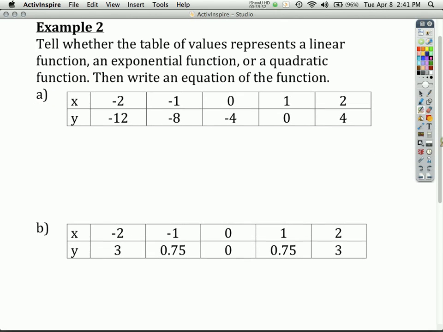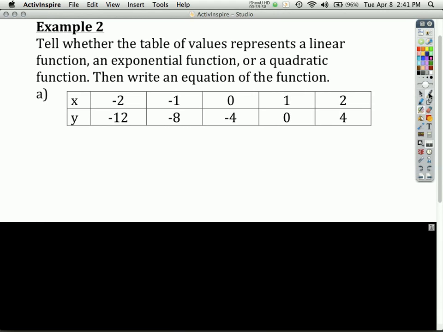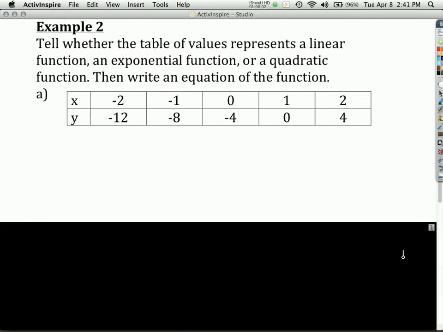Example 2. So now, I said you didn't have to copy the instructions, but you need to read the instructions carefully and then copy down the first page.